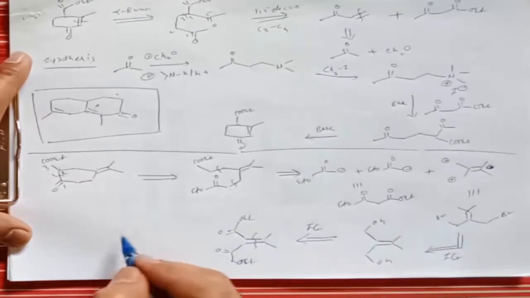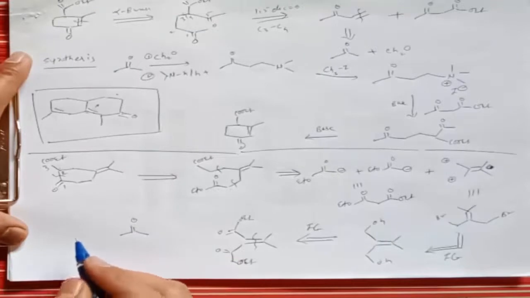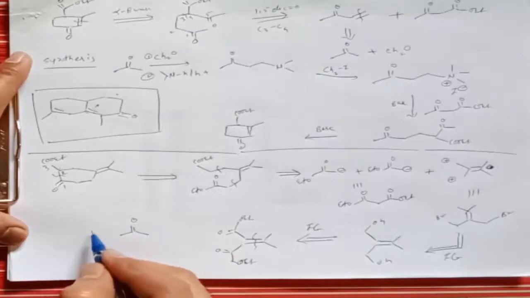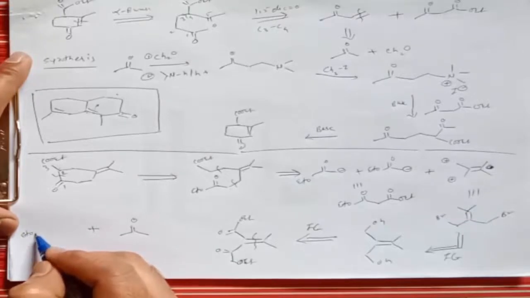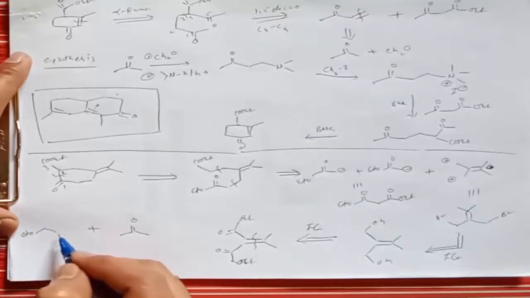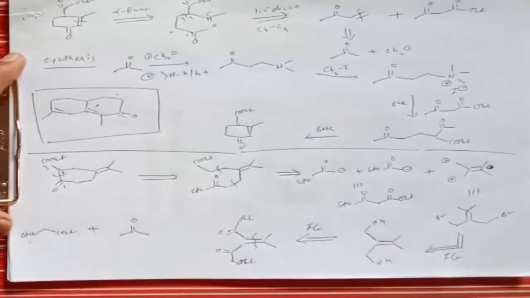So what does it give? It gives, from one side, CH3, C double bond O, CH3, plus it gives formation of EtO, then CH2COOEt, right? So this is again the same molecule like this.